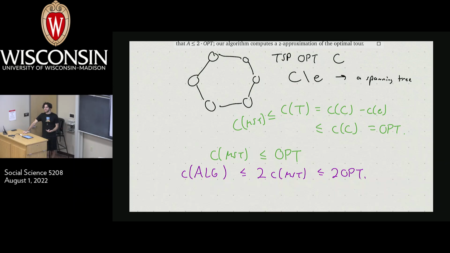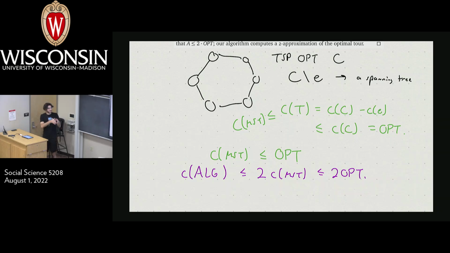So the critical idea here to prove approximation guarantees is to find a good bound on opt. We don't know what the exact optimal value is, but we do know it's at least the size of a minimum spanning tree. And because we know that, we can incorporate that into our algorithm. So we use the lower bound on MSTs.